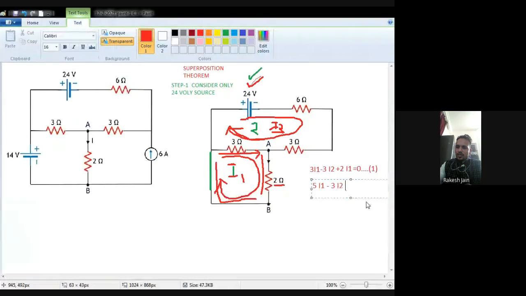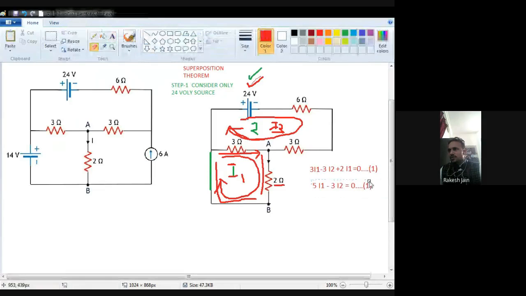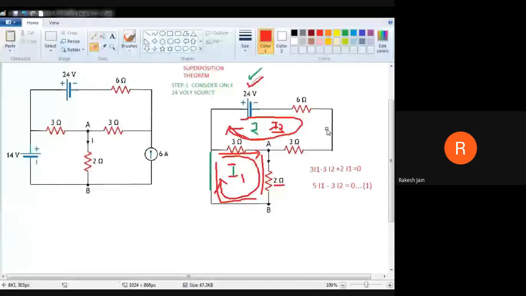For the first mesh, I start from this point, my current is I1, so I go here, so 3I1, because I go from left to right, the direction of I1. I write it positive, so 3I1.